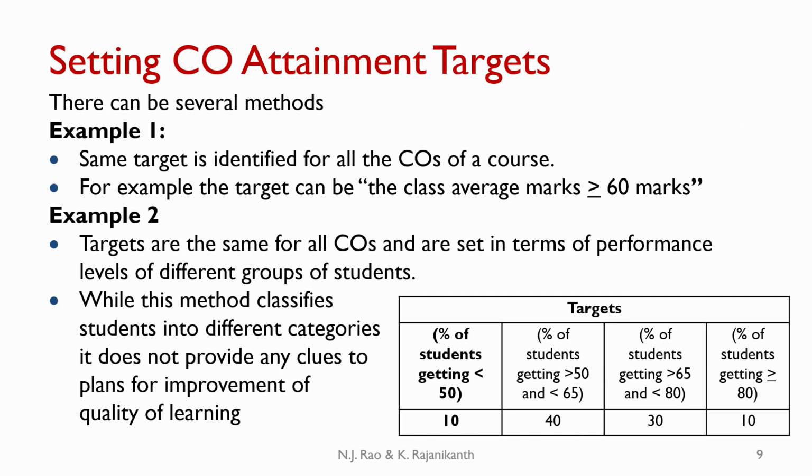If we are not able to meet these targets, for example, if the percentage of students getting greater than or equal to 80 is less than 10, but the percentage of students getting more than 65 and less than 80 is greater than 30, what does it mean in terms of improving the instruction methods? That is not very clear, but it does give more detailed information about the performance of the students. But correspondingly, computing the level of attainment would also be a little bit more involved in this case.